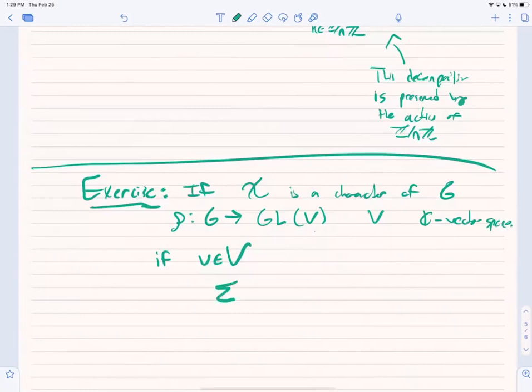We can look at the sum over all g in G of, and I'd better do this carefully, 1 over chi of g, which you can write as chi of g inverse or chi of g bar, or whatever you prefer, times rho of g times v.